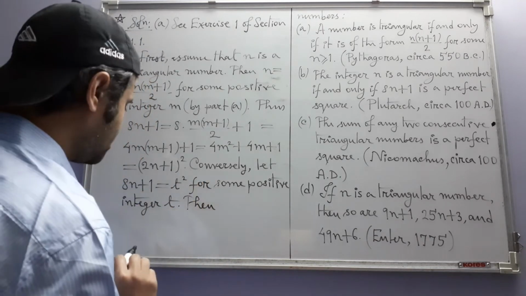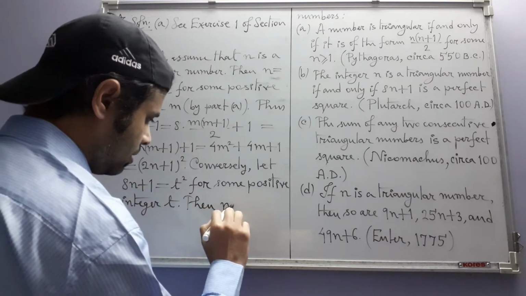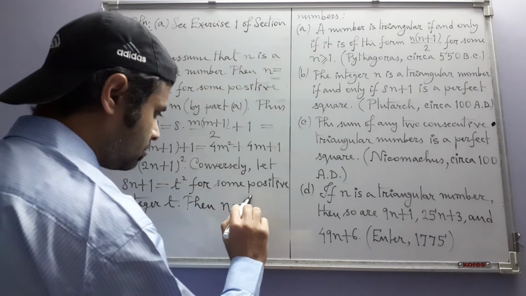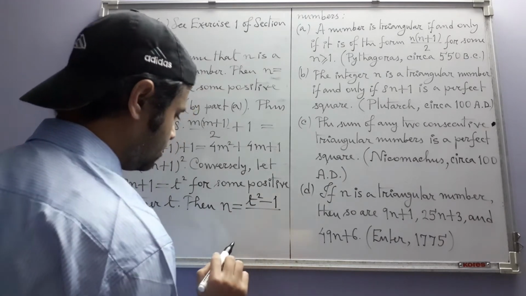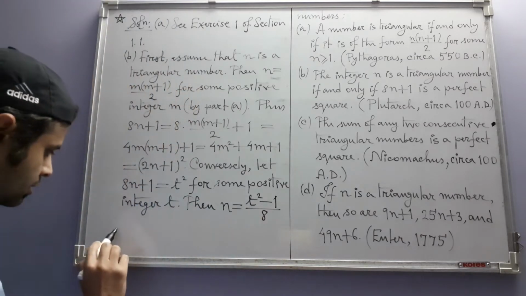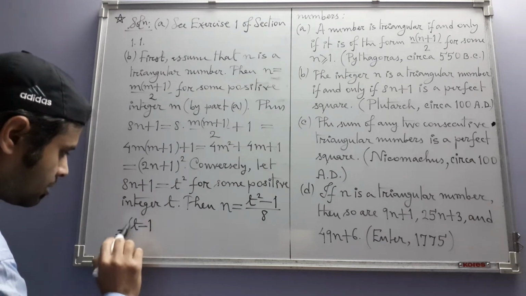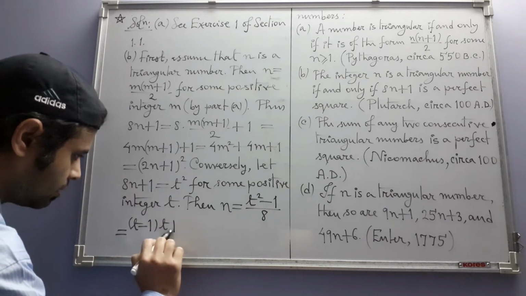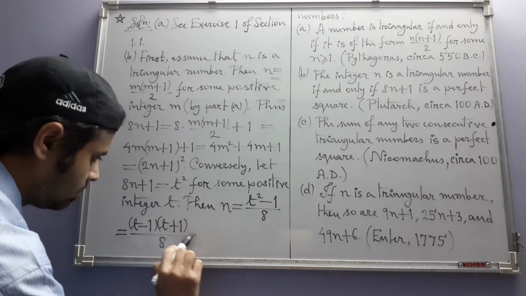Then what is n from here? n is equal to t square minus 1 divided by 8, which can be written as t minus 1 times t plus 1 divided by 8.